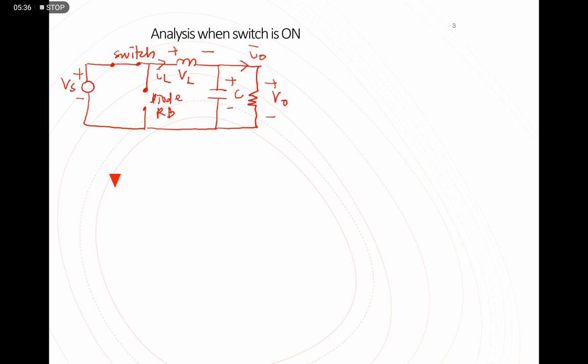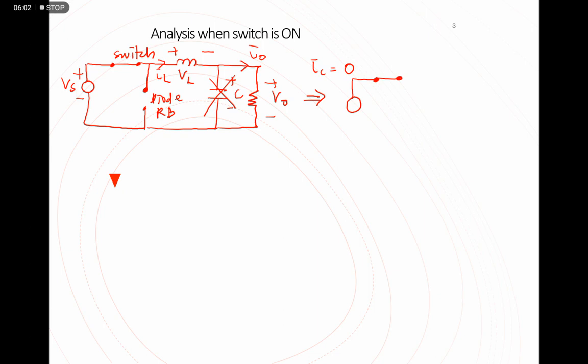From the assumption just now, we assume the average capacitor current to be equal to 0. So you can get rid of the path associated with the capacitor. Let's redraw it again. So your input, then you have your switch here.